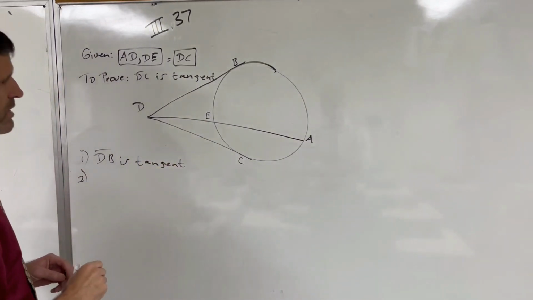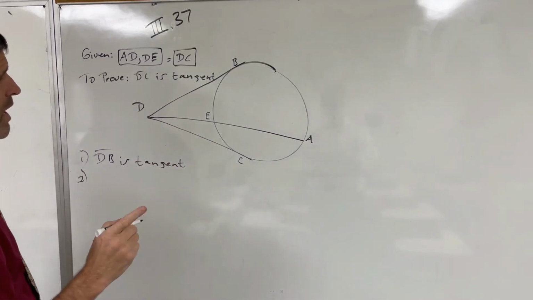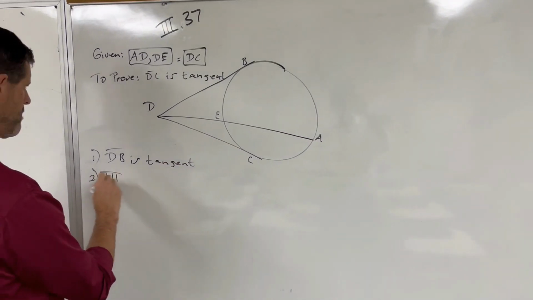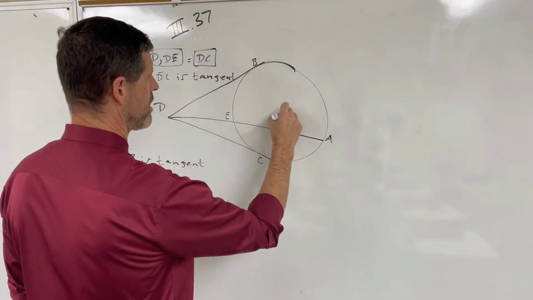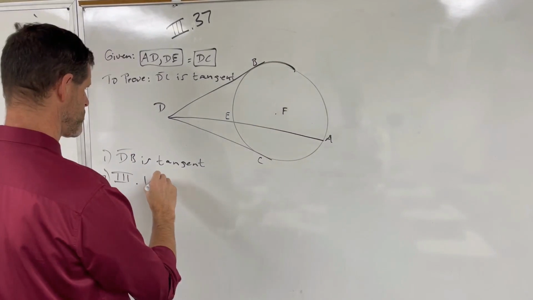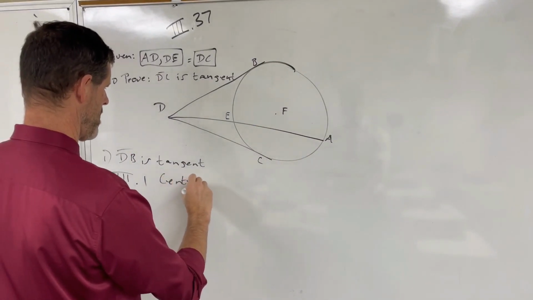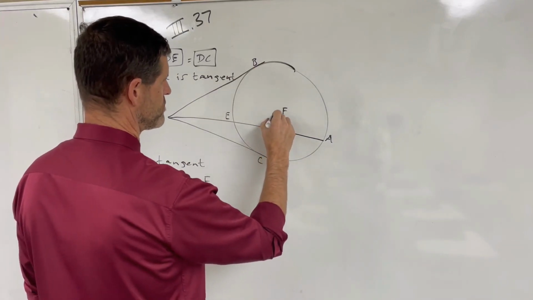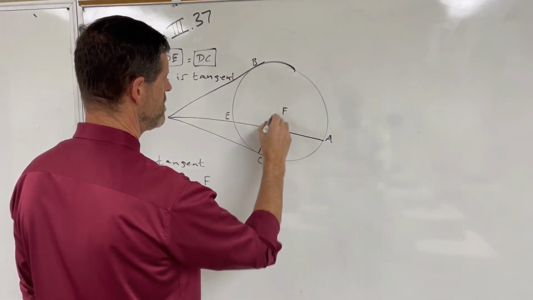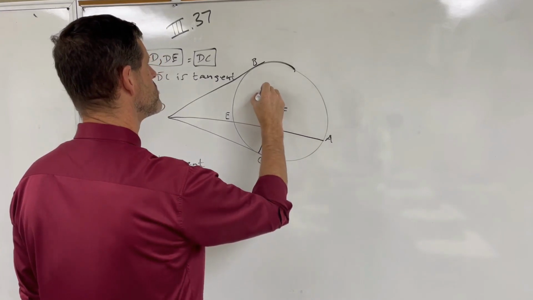And then utilizing proposition 1 of book 3, we'll find the center of the circle. We can call it F. And so center F. And then from F, we're going to drop lines down to C and another one up to B.